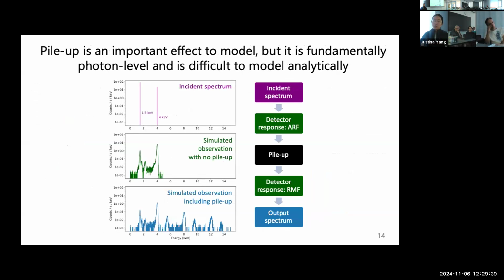And related to what we were discussing earlier, pileup is a photon level event: if you know all the properties of the incoming photons as a function of time, then there is a physical process going forward which exactly describes what the pileup output is. But it's very difficult to model this from first principles.